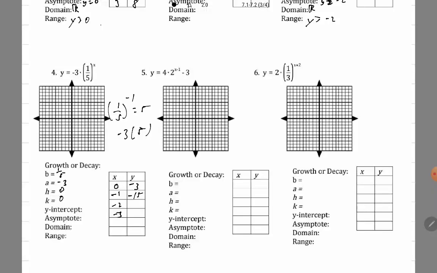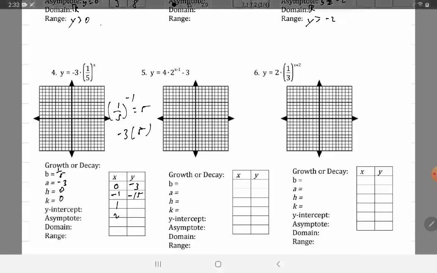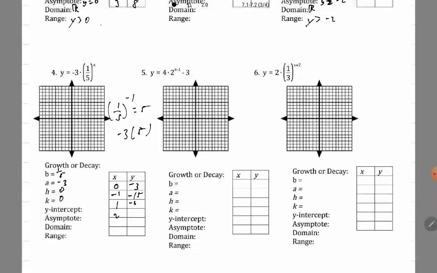And then we would use some smaller numbers, I guess. So positive numbers, 1, 2. If I put in positive 1, I'll get negative 3/5. If I put in positive 2, I will get negative 3/25.